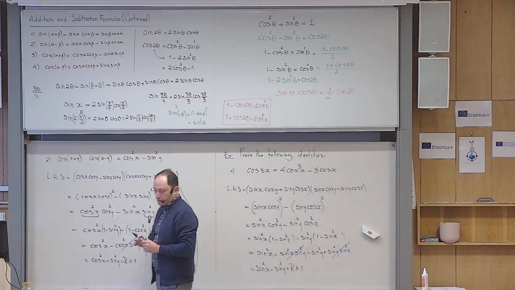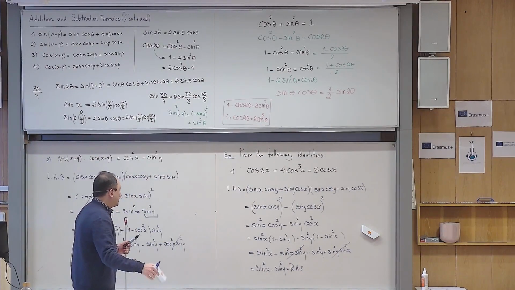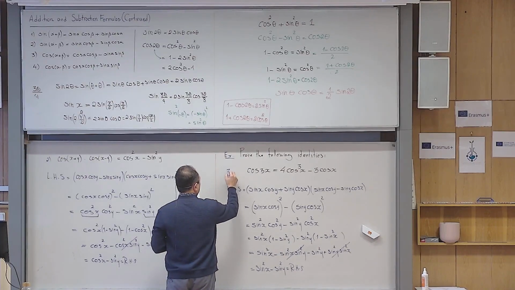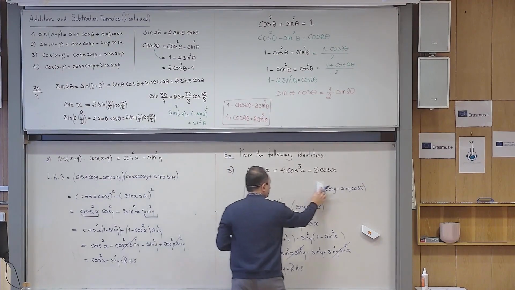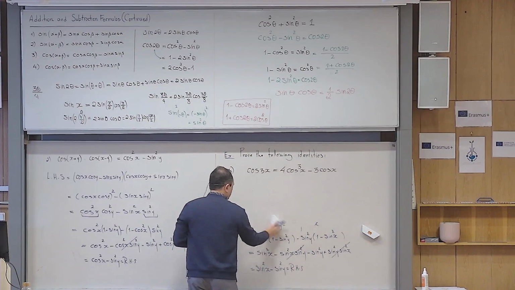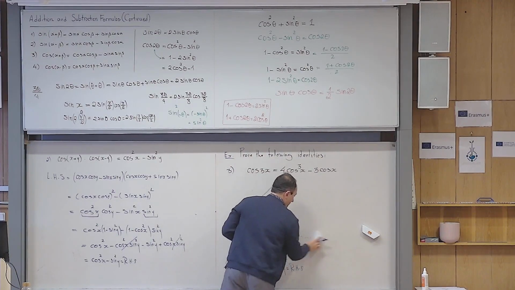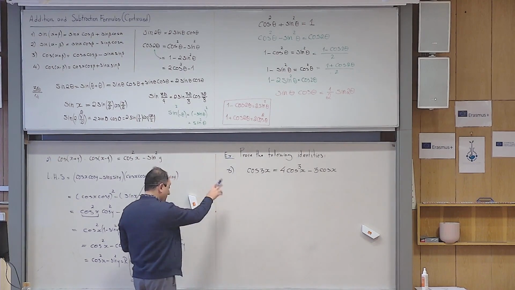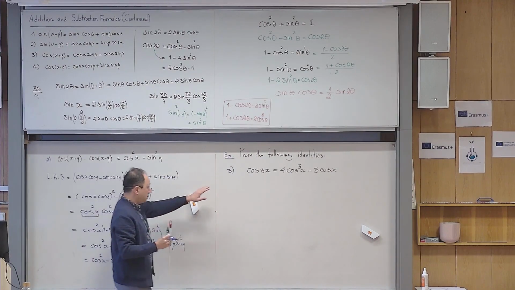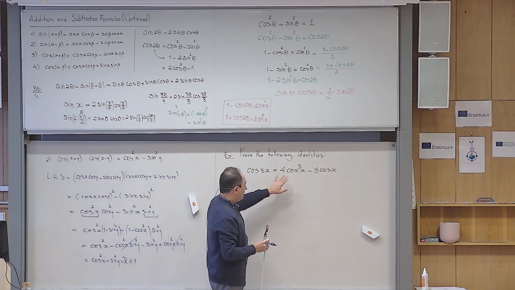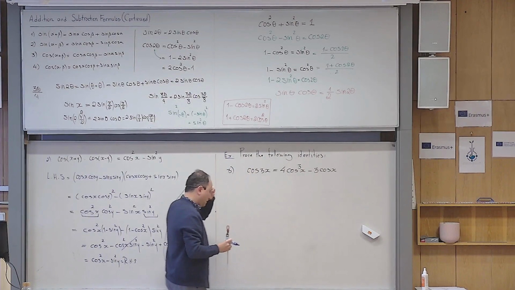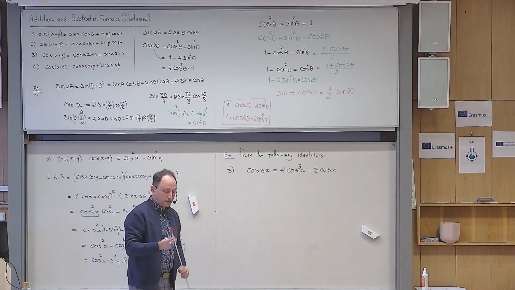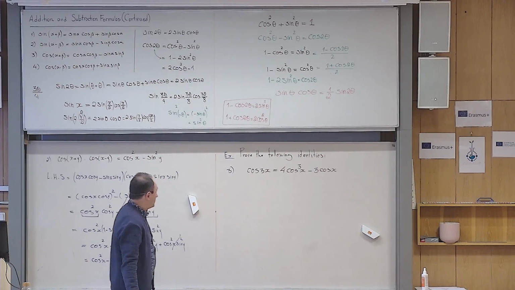So the left-hand side is exactly what is in the book. The right-hand side, I changed it to make it a little bit more challenging. In the book, it's a level 2 problem. You can consider this as a level 3 problem, okay? But the left-hand sides are exactly the same.